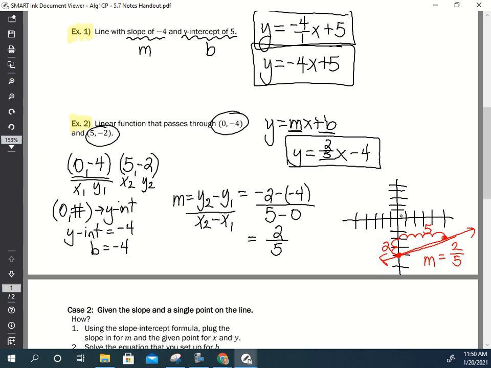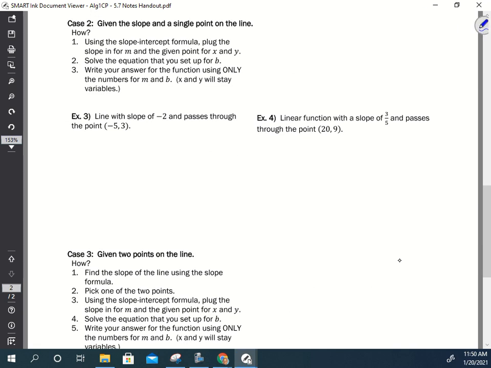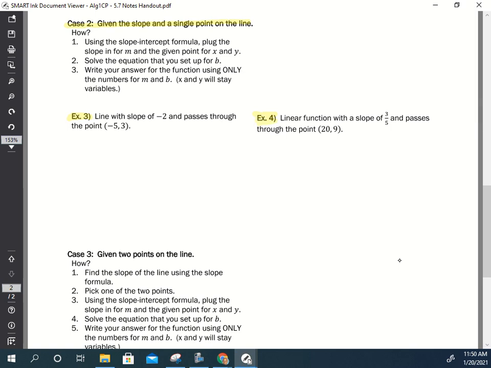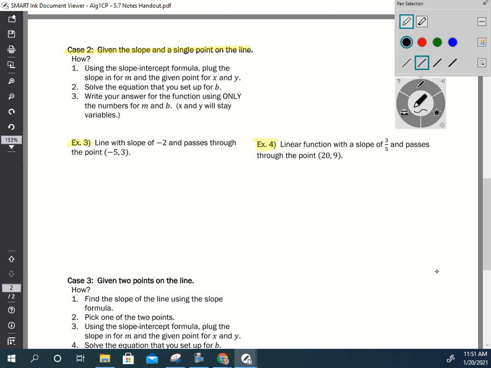All right, so let's go ahead and look at case number 2. Quickly highlight the things that you should have. For case number 2, you're given the slope and a single point on the line.